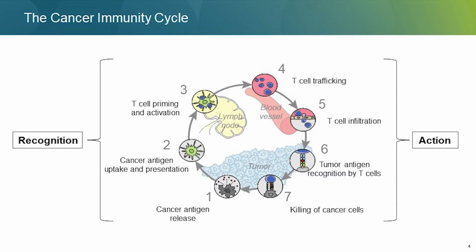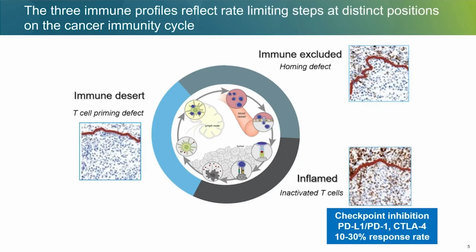What we now know is that there are multiple steps at which there could be defects in this immune response, and that's why cancers are growing. The best immunosuppressive pathways that have been identified are these immune regulators, CTLA4 and PD-1, that are blocking T cell function at the tumor site.